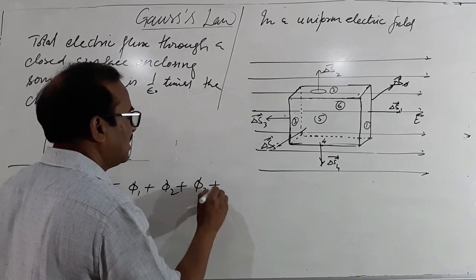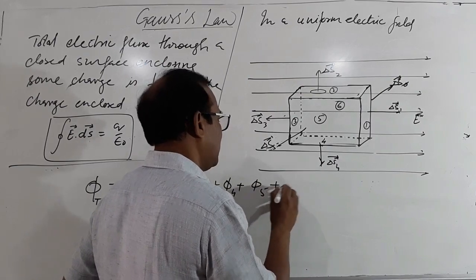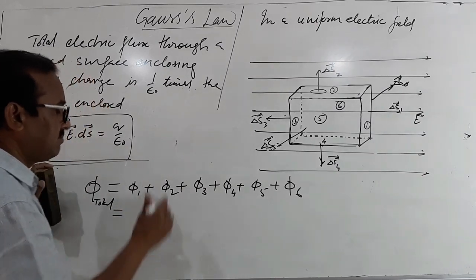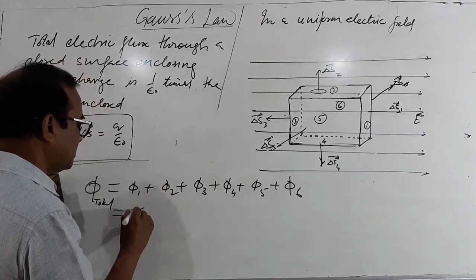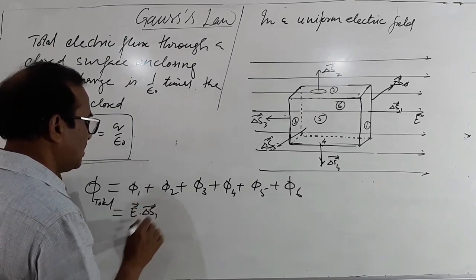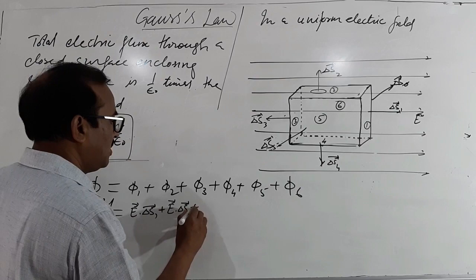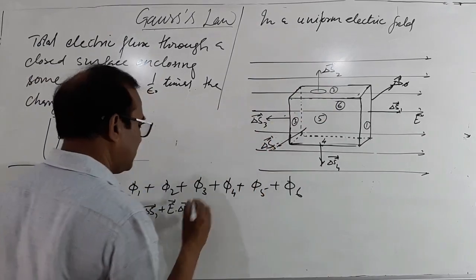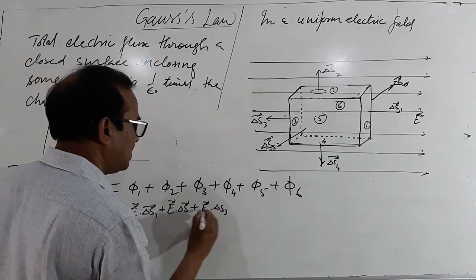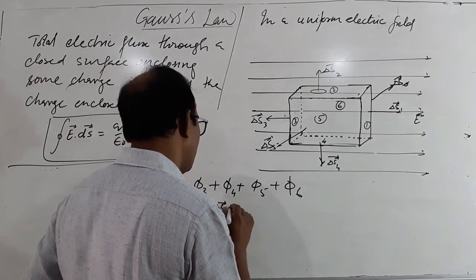Flux through face 1 is E dot delta S1, then E dot delta S2, and flux 3 is E dot delta S3, since E is everywhere the same. I am taking a simple example, this is not a specific problem.